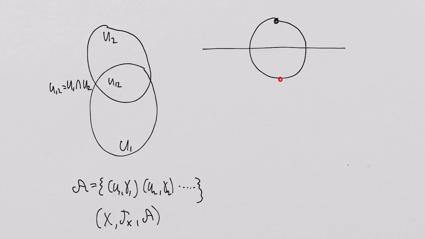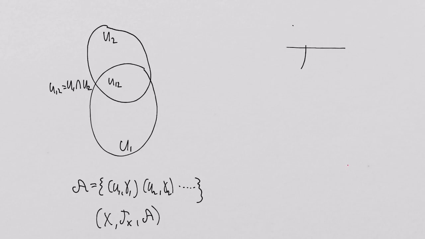The other chart were all the same points except for the South Pole and including the North Pole. So these two charts overlap entirely. There's only one point of distinction between the two charts, meaning U2 is all of U1 except for one point and adding a new point, and vice versa. So the idea of charts overlapping is the norm. Charts will overlap.